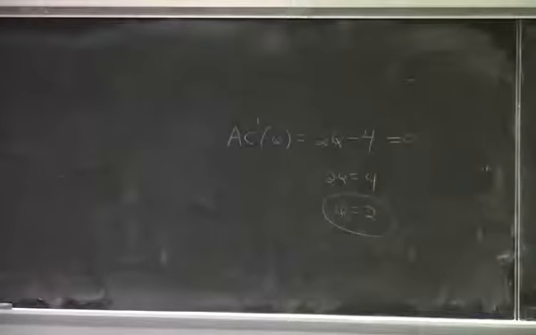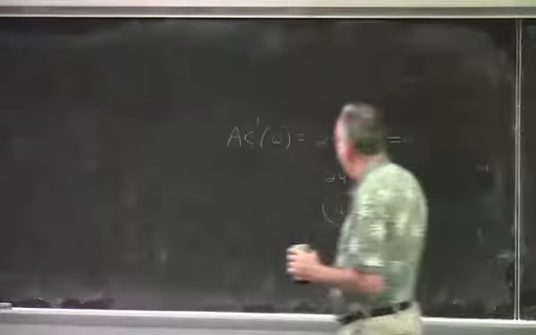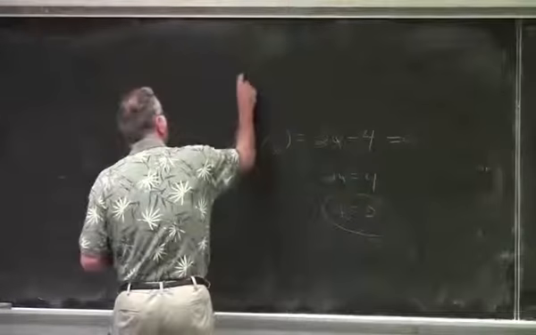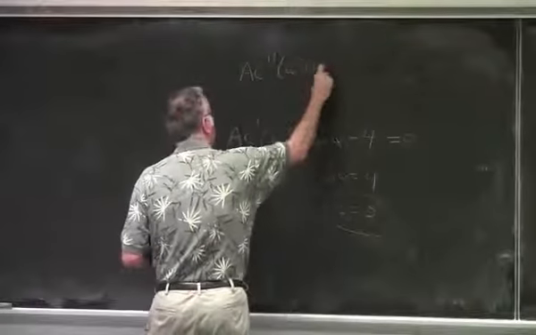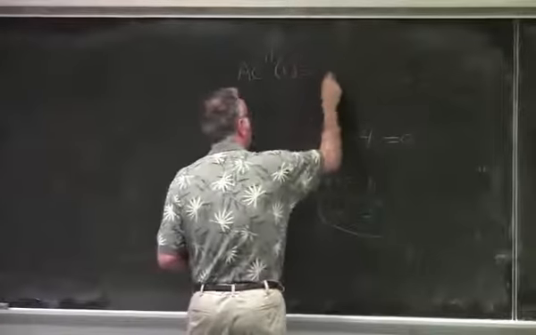We've done the first order condition, now the second order condition. What do we do to get the second order condition? We take the second derivative, and AC double prime of q is equal to 2.